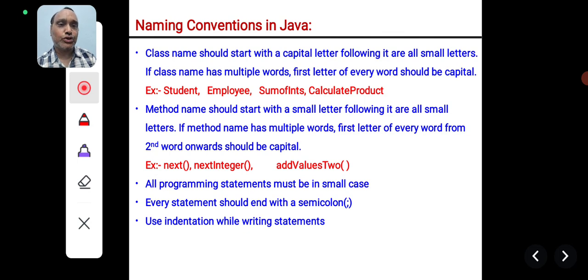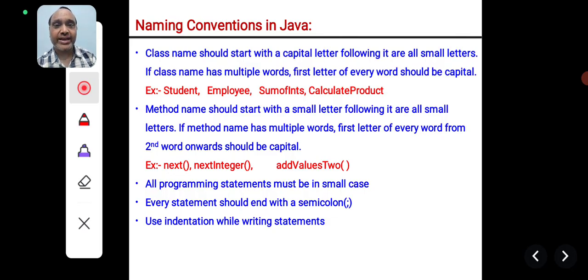And there are certain rules. These syntax rules are taken from the C language, and almost all syntax rules that are there in C language are also there in Java language. That is, all programming statements must be written in small case letters. It is a rule, not a convention.